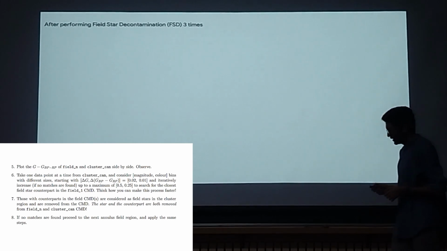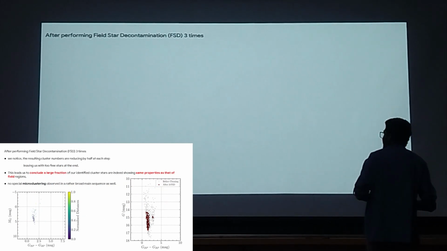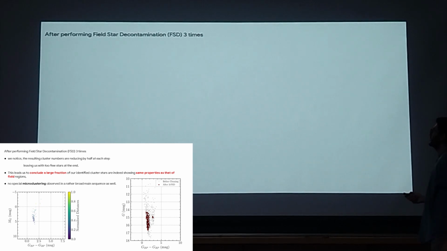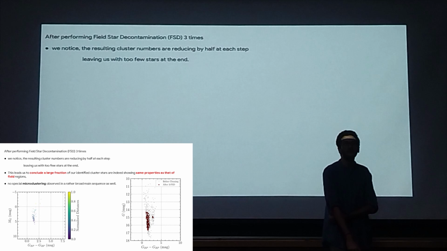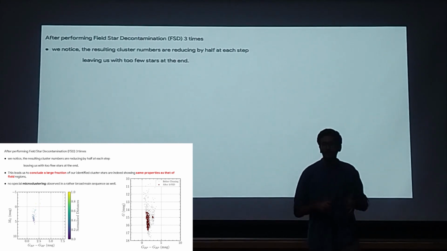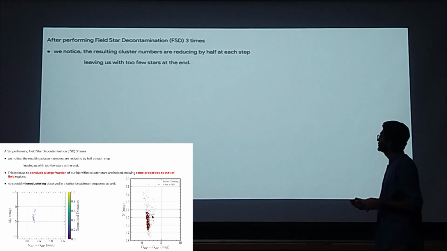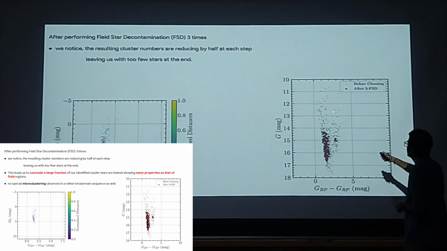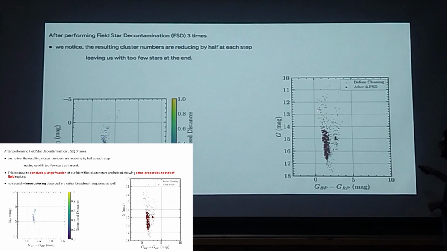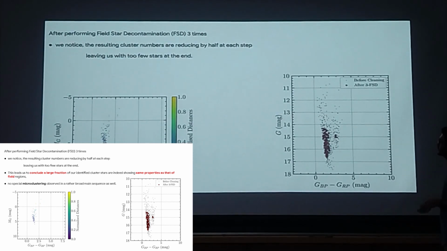So, okay, the shocking thing again. After performing field star decontamination 3 times, we notice that the resulting cluster numbers are decreasing by half at each step, leaving us with 2 field stars at the end. So you see, these were before cleaning, and after cleaning 3 times it has shrunk to this.